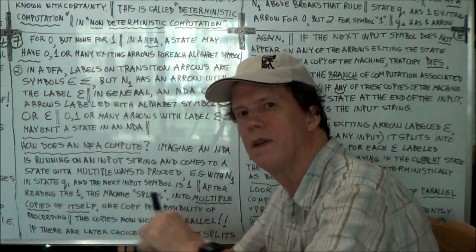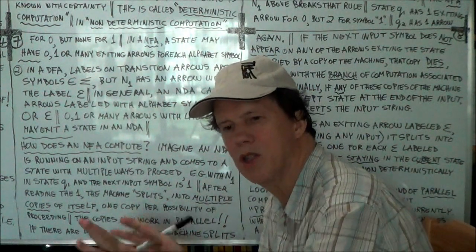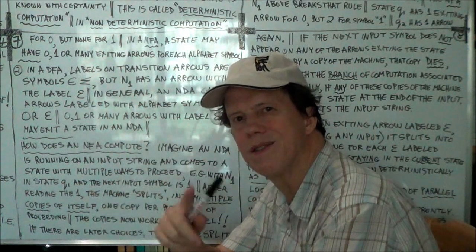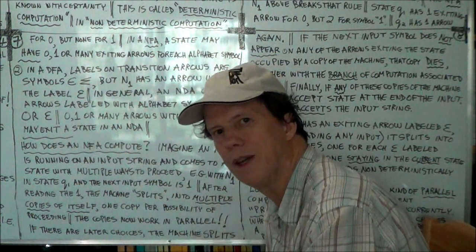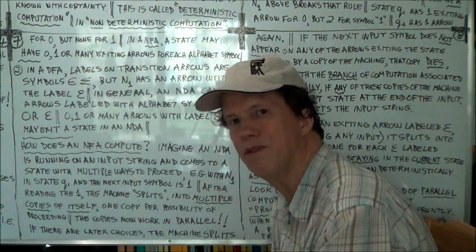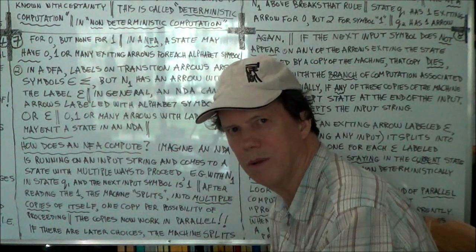And the two just operate independently, so you now have two machines doing their thing, following the different branches of the state transition diagram. So that's a major feature difference of an NFA compared to a DFA.